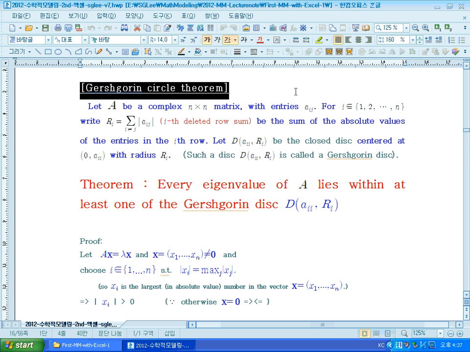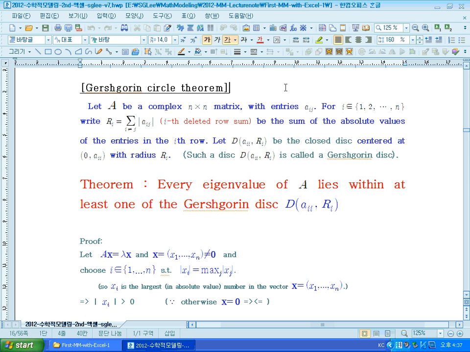The Gershgorin circle theorem is one of the important theorems to figure out the size of the largest eigenvalue of a given matrix.